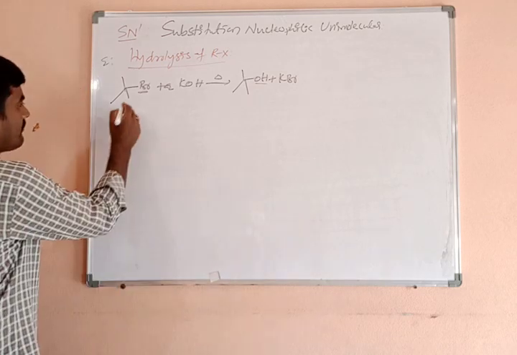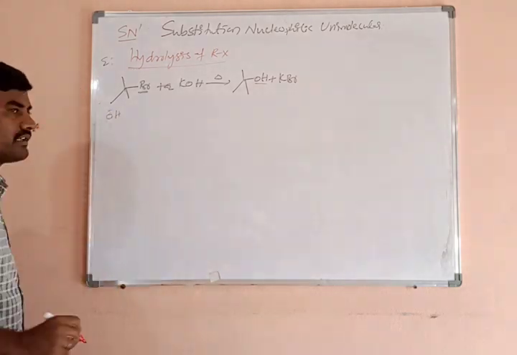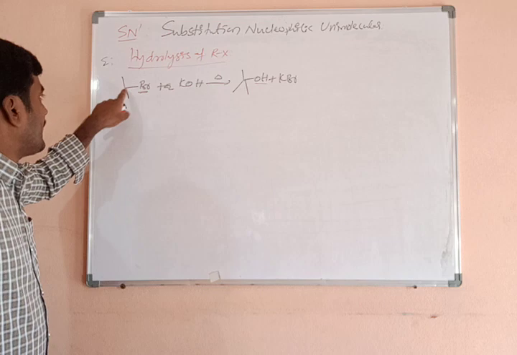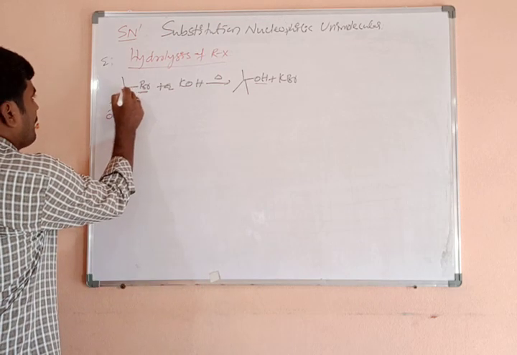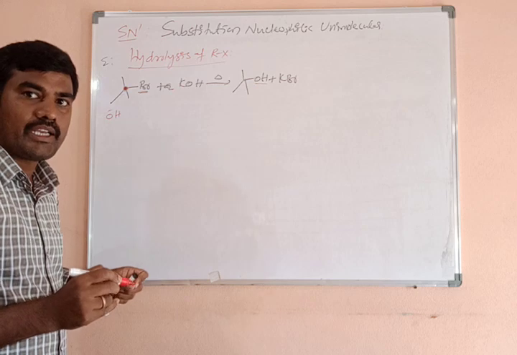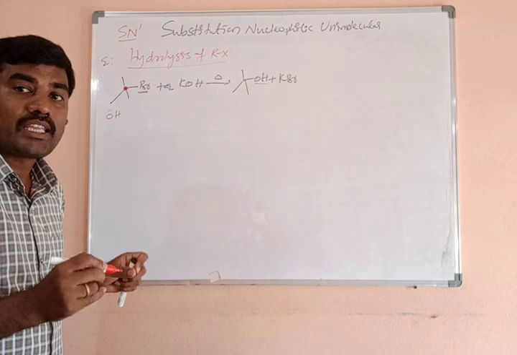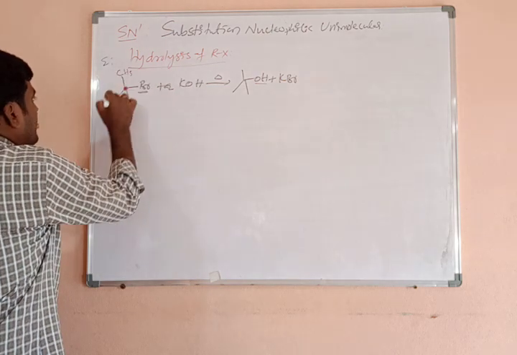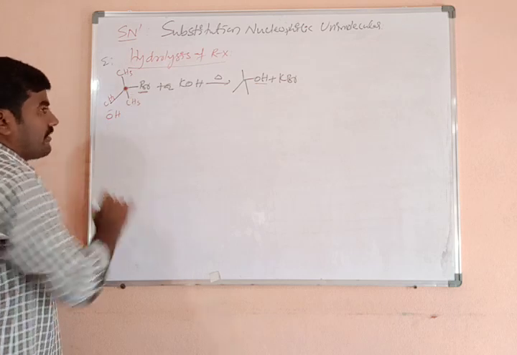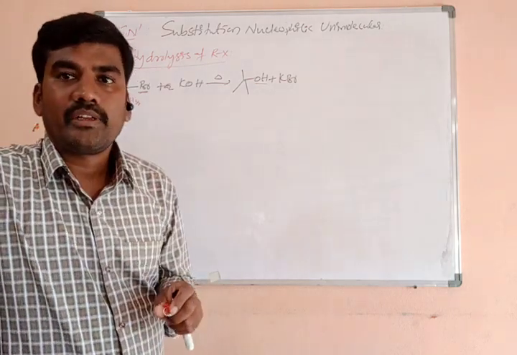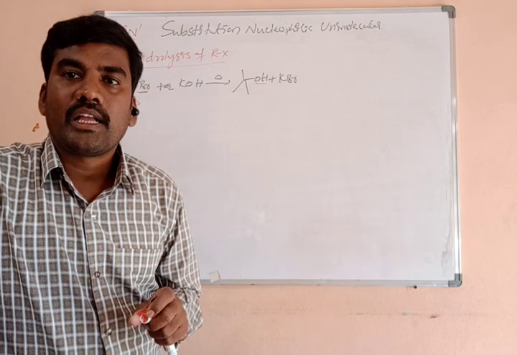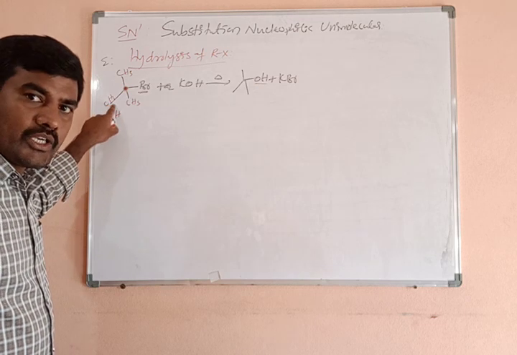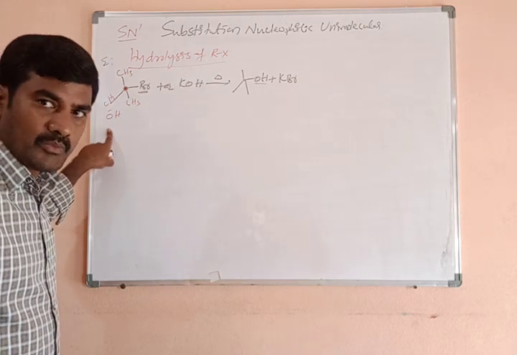In this reaction, the nucleophile OH minus cannot attack from the side opposite to the halogen, because the halogen-containing carbon has bulky groups. What are the bulky groups? Three methyl groups are there: CH3, CH3, CH3. Because of this bulkiness, the nucleophile is unable to approach the carbon atom containing the halogen, because alkyl groups act as electron donating groups and OH minus is also electron rich. Both repel each other.